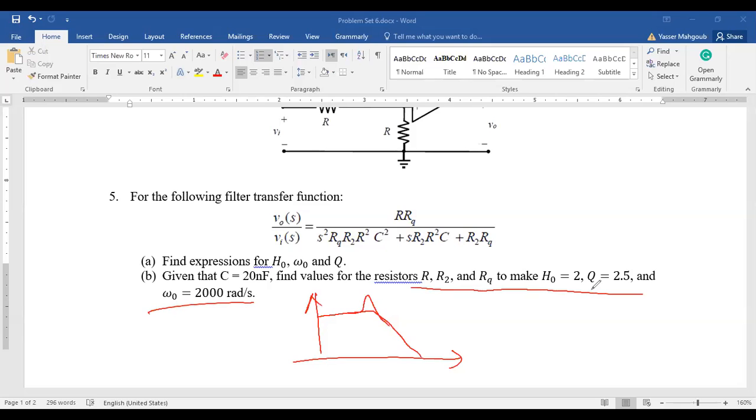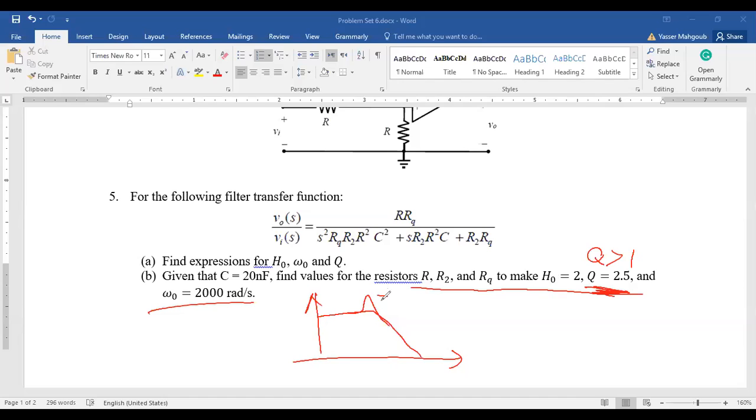It does have a peak because Q is greater than 1. As I mentioned in the lecture, if Q is greater than 1, you will have a peak. If Q is less than 0.707, or 1 over square root of 2, you will never have a peak here. Since Q is 2.5, you will have a peak.